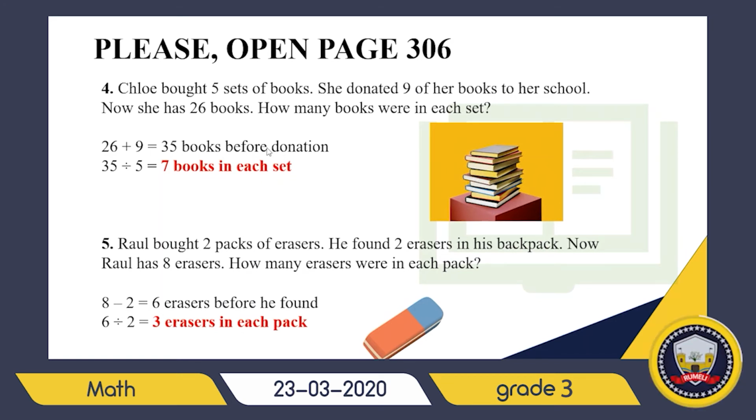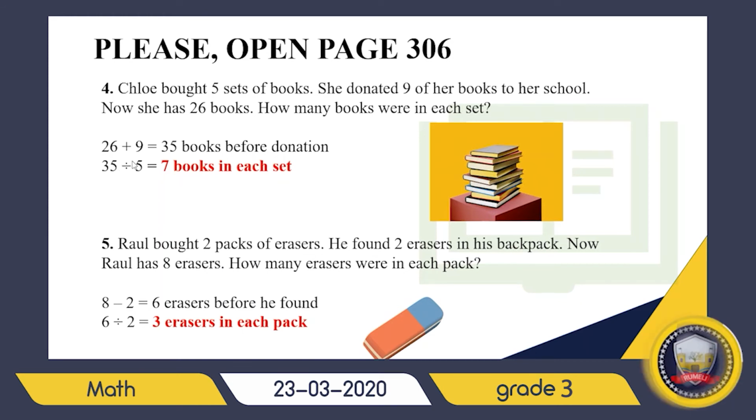After the donation, she has 26. 26 plus 9 equals 35 books. It means she has 35 books before she donated 9 of them. Okay, 35 books in 5 sets. So it's asking for how many books were in each set. In total, she has 35 books.